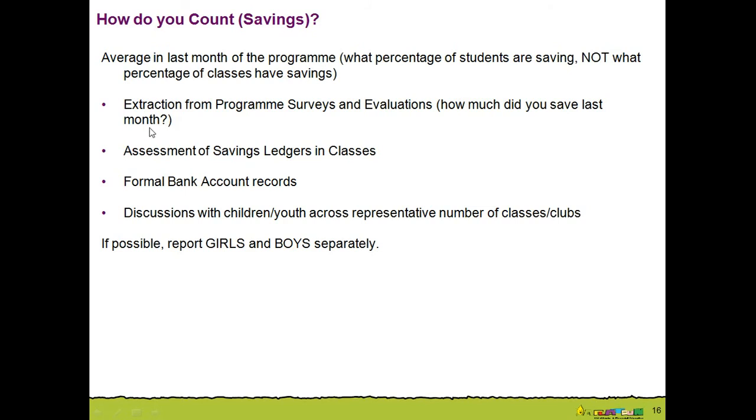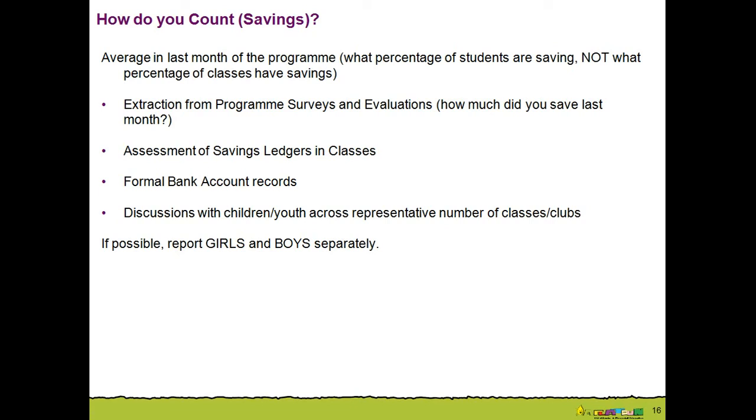The easiest way to do this is through surveys and evaluations of the classes. Again, you'll ask the students, how much did you save in the final month of the program? This will then become the average monthly saving in the final month of the program. We're using one month as a reference period because it's simpler to calculate.